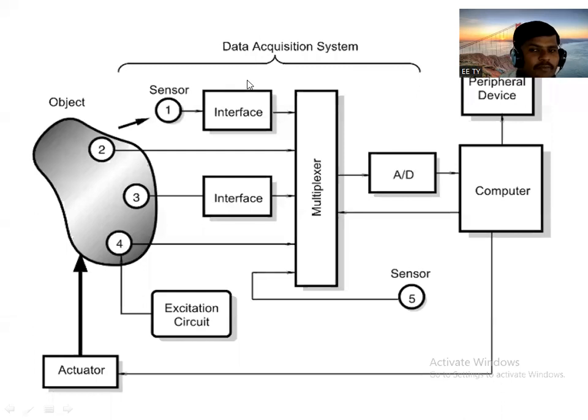There are two types of location, as I have already told. One location is extrinsic location, and the other is intrinsic location. What is meant by intrinsic? What is meant by extrinsic?